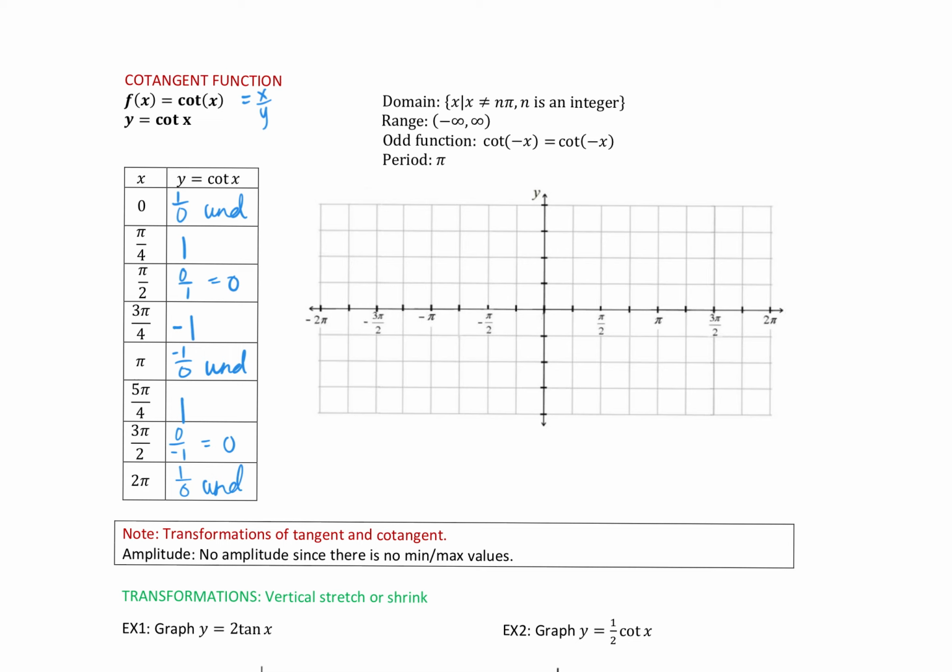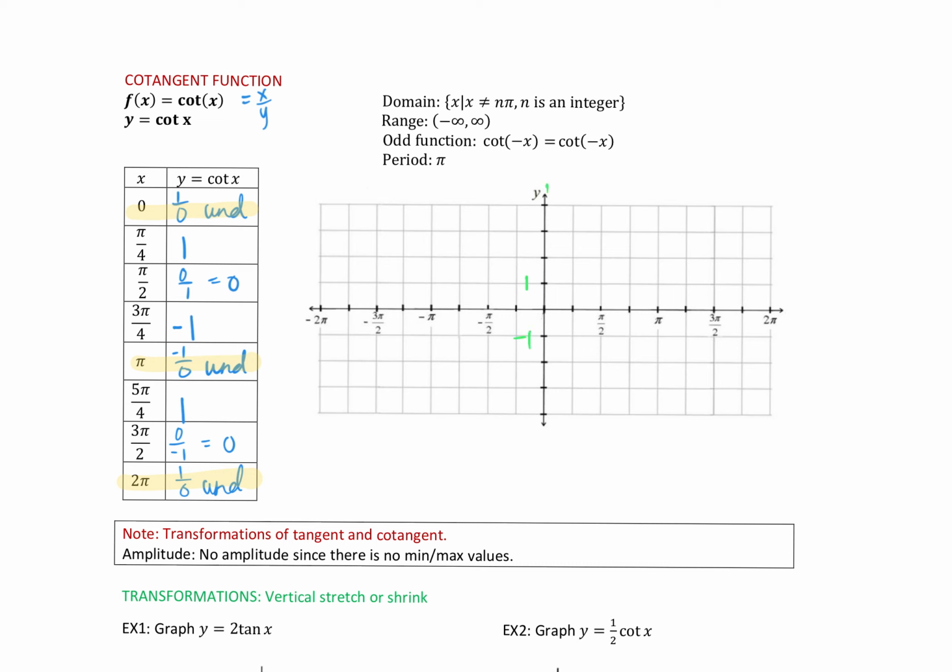I was going to skip all these points and just start graphing the first part, knowing that the pattern's going to repeat, but we'll go through it all. So 0, pi, and 2 pi is where we're going to have our asymptotes. Let me go ahead and label. This is 1, negative 1.